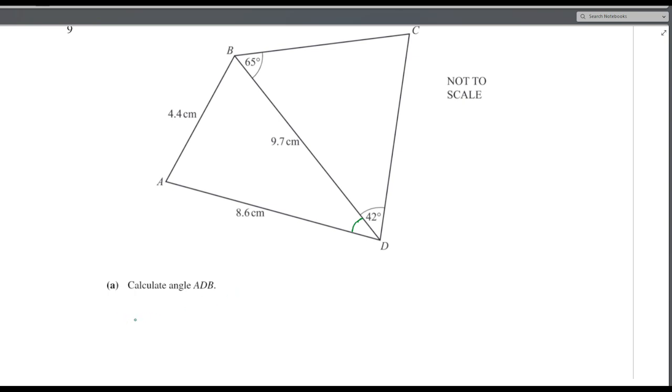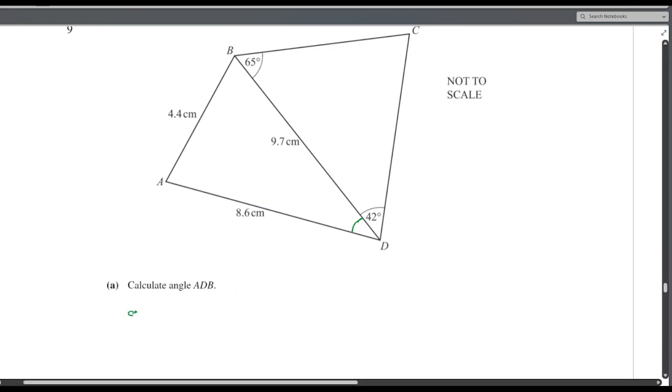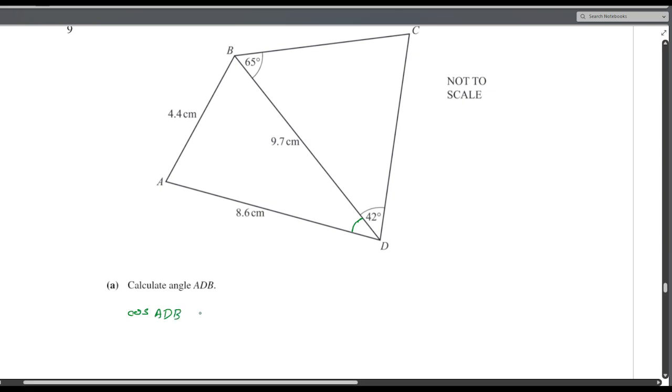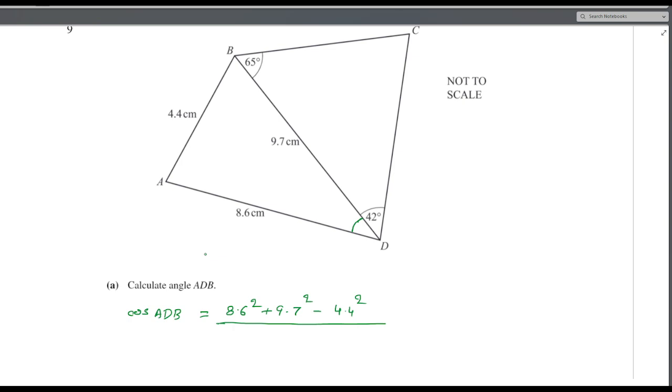We can rearrange the cosine rule: cos A is equal to B square plus C square minus A square divided by 2BC.